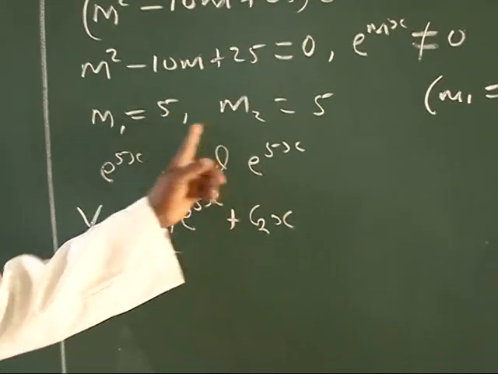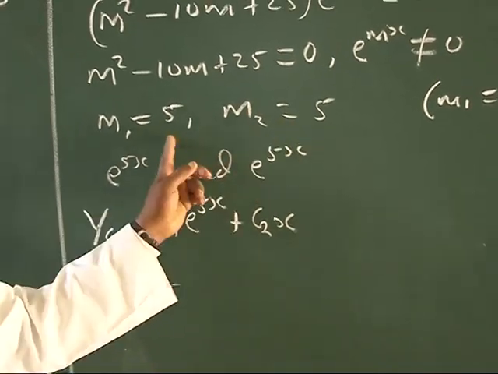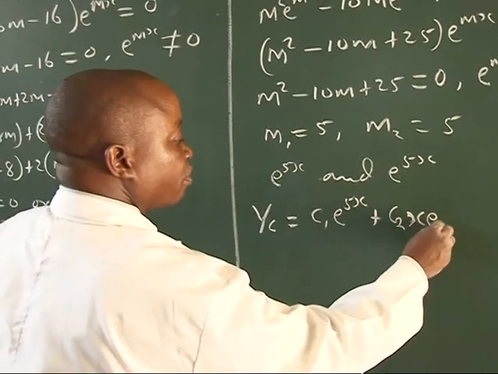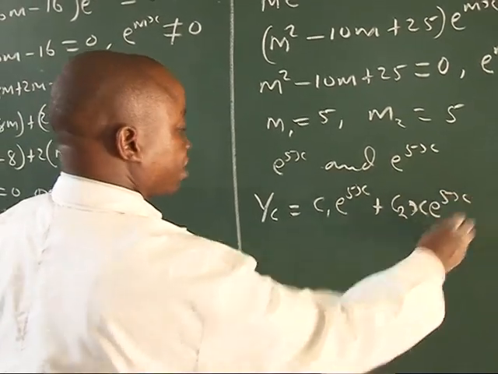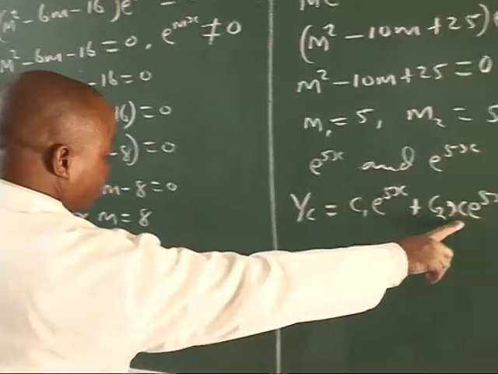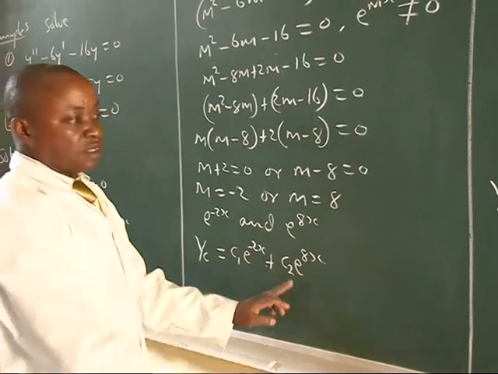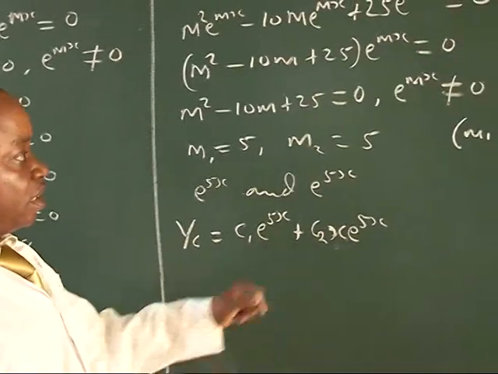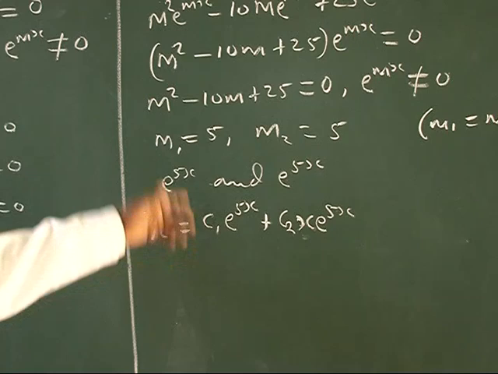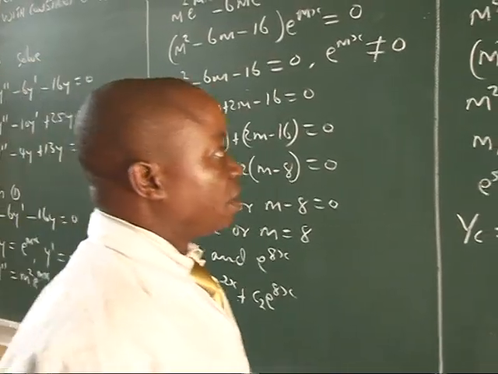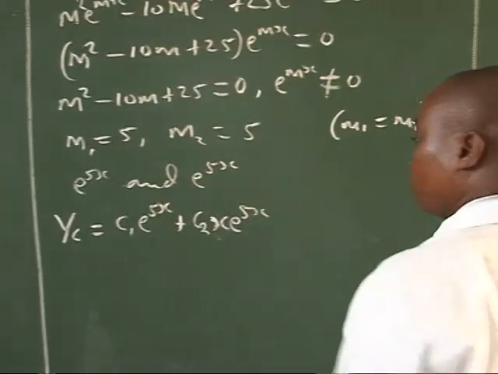In the case of equal roots, we put x before exponential 5x. This x was not in the distinct roots case, so that is just the difference. So it's very simple to solve second order homogeneous equations with constant coefficients.